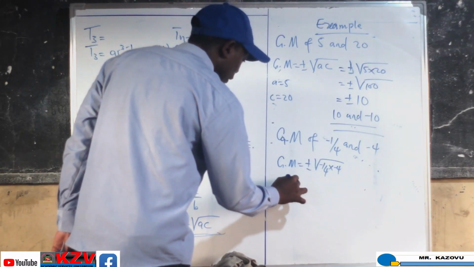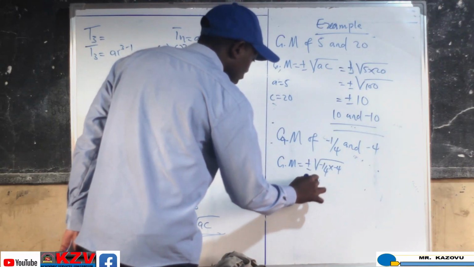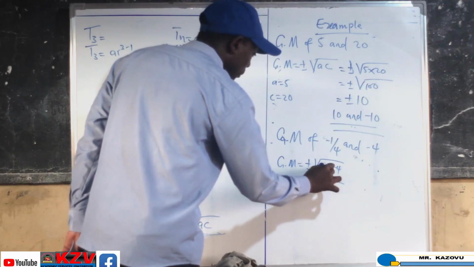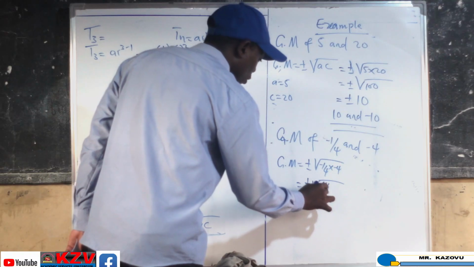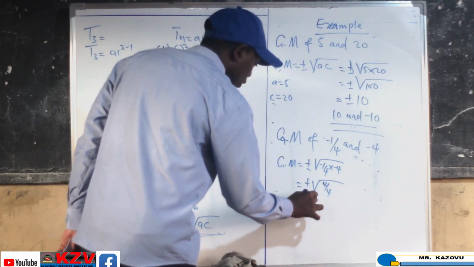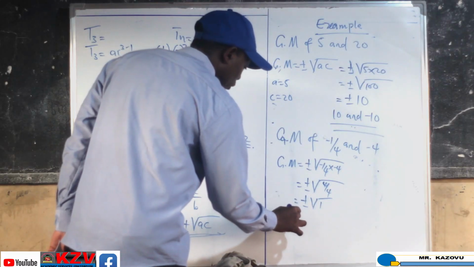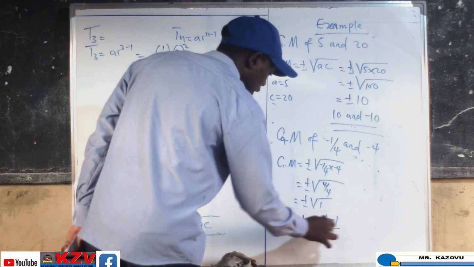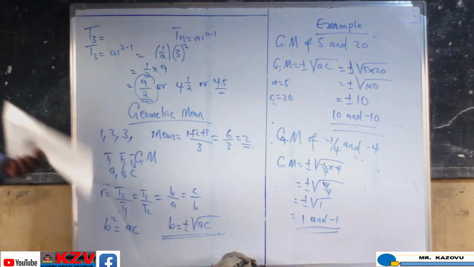Negative times negative is positive. So we have 4 over 4. 4 into 4? 1. So here you get 1, meaning that we have 1 and negative 1. Very good.